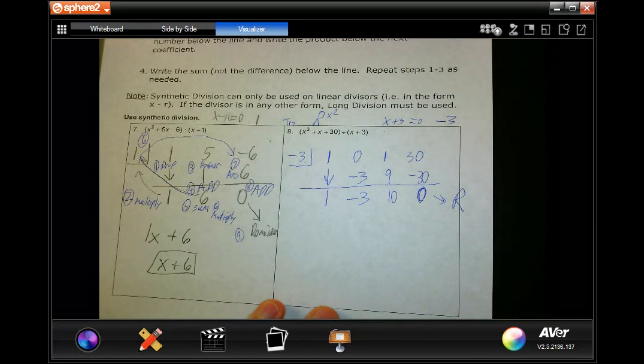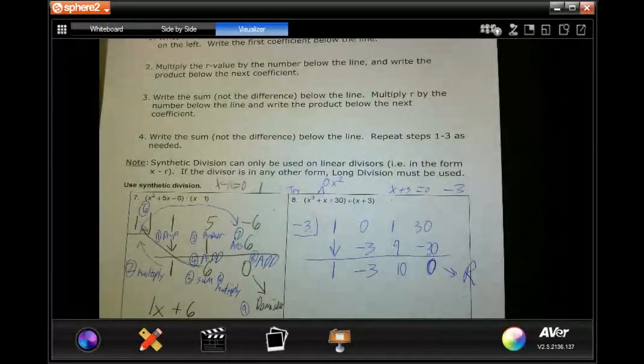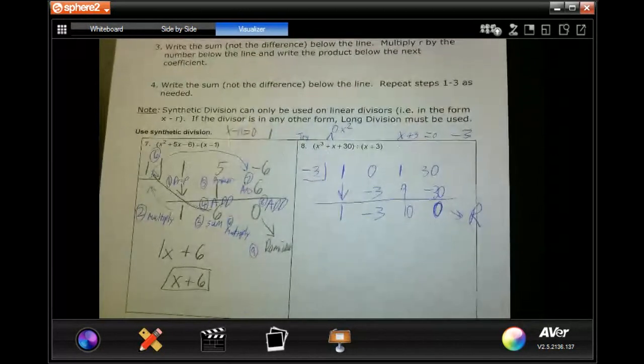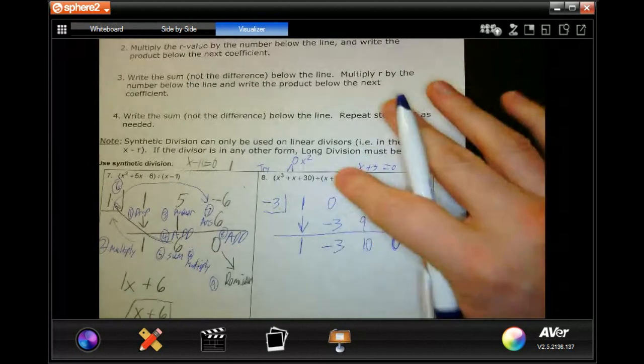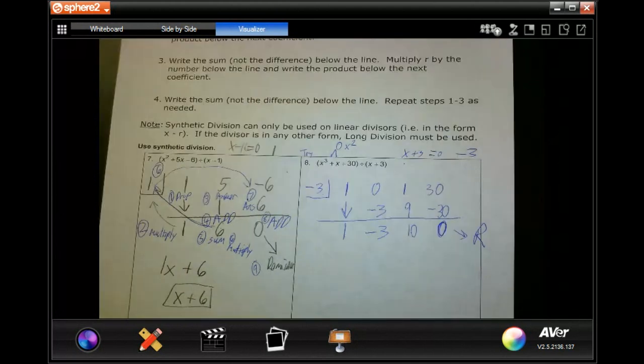Now, I have a question for you. What if we have a 0 as a remainder, what does that say about x plus 3 for x cubed plus x plus 30? Yeah, x plus 3 is going to be a factor because there's no remainder. Now, how many times does x go into x cubed? Let's pretend we're doing long division.